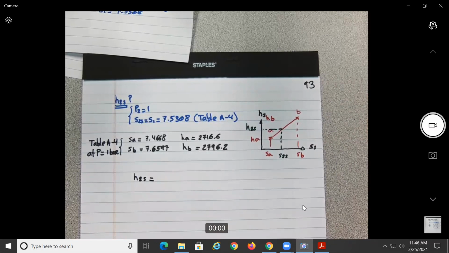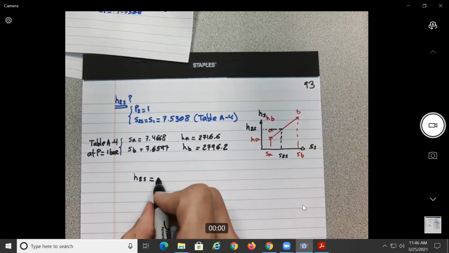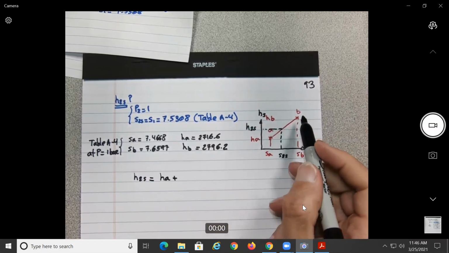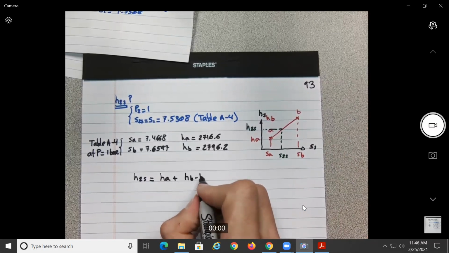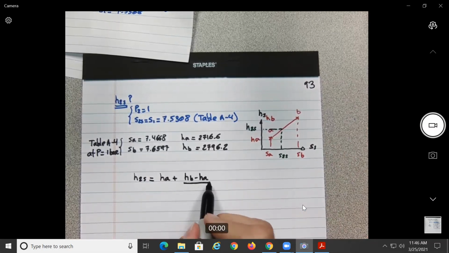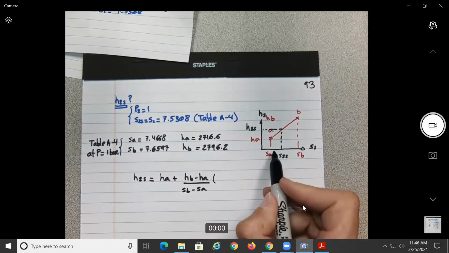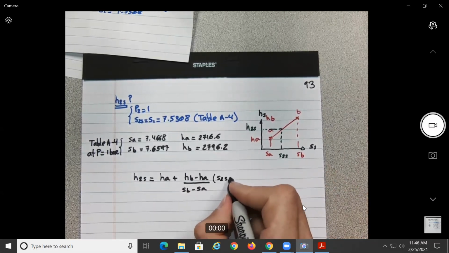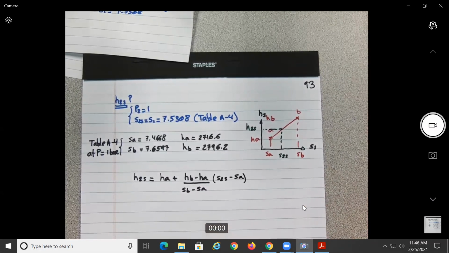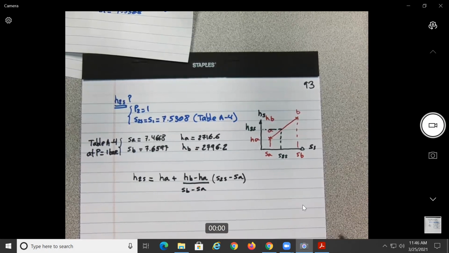So again, you should know how to do this. H2S, which would be this value here, should be H sub A plus the slope, which is H sub B minus H sub A divided by S sub B minus S sub A, times this increment over here, which is S2S minus S sub A. Okay, so you have here all the values: S sub A, S sub B, H sub A, H sub B, and S2S is 7.5308.